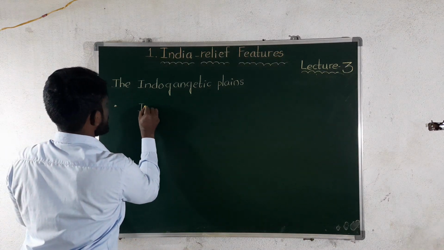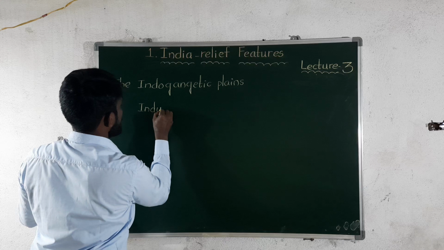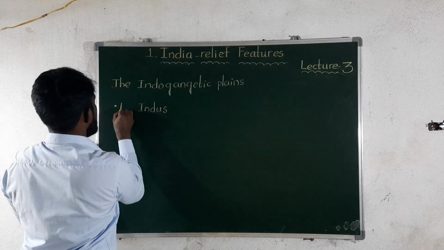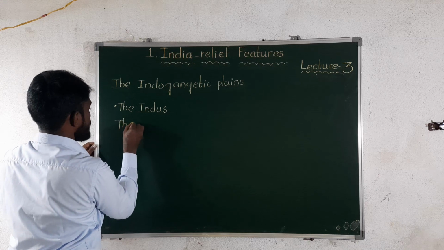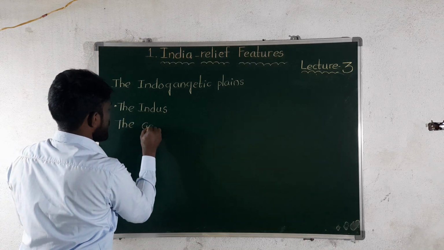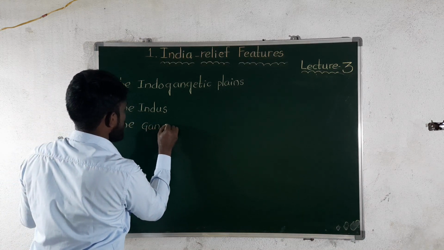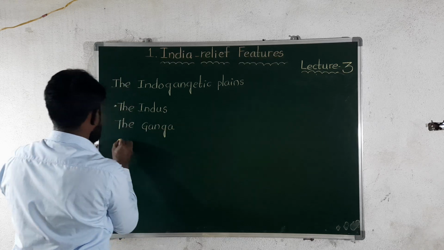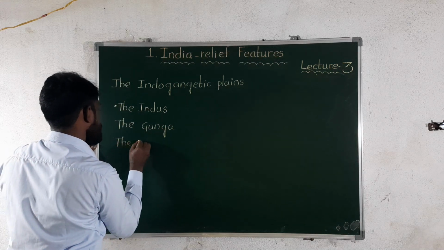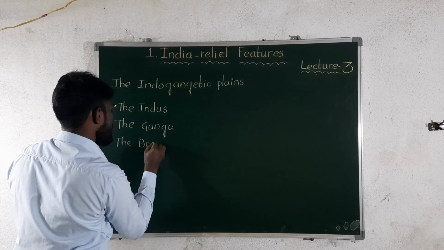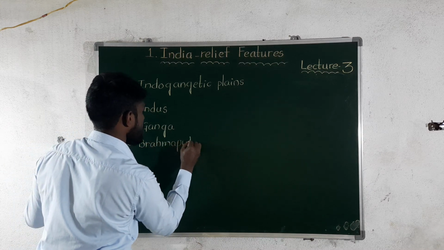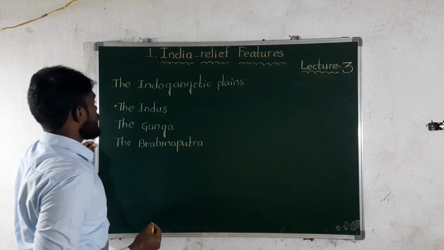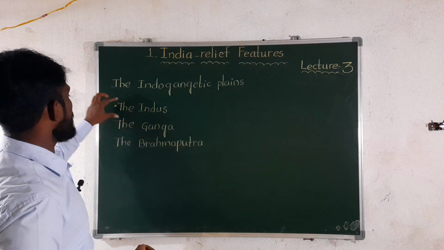The Indus, the Ganges, the Brahmaputra, these are the three Himalayan rivers.